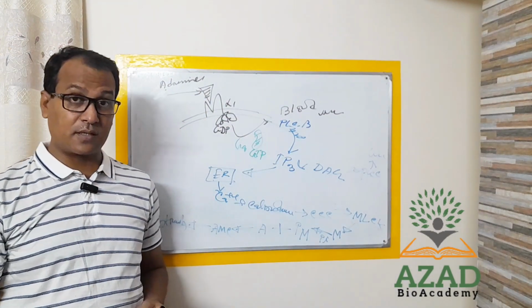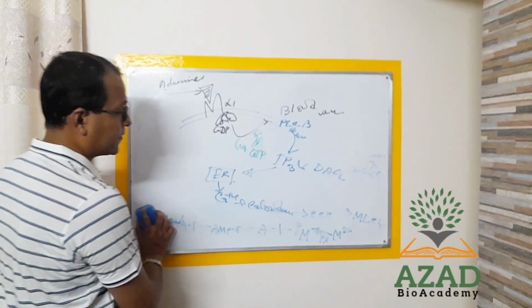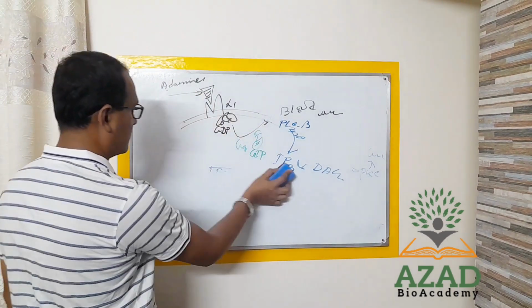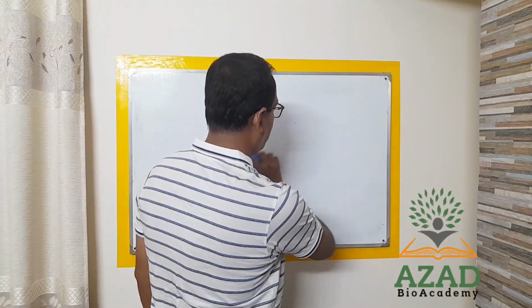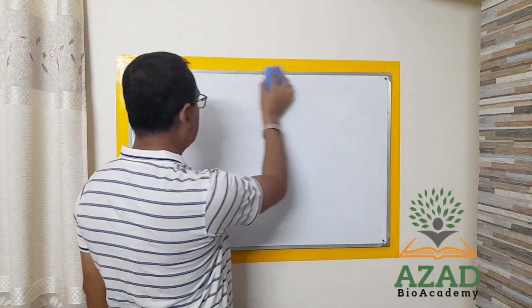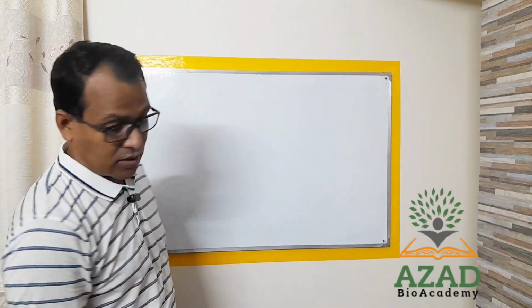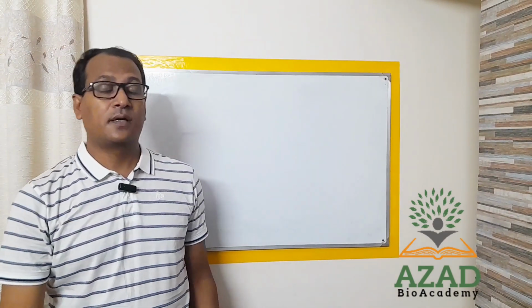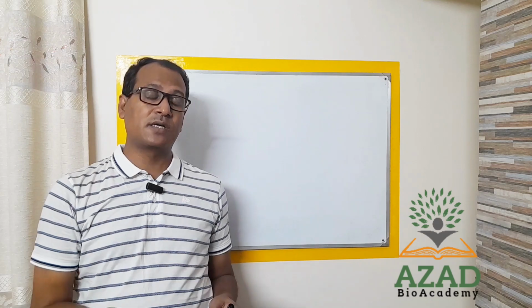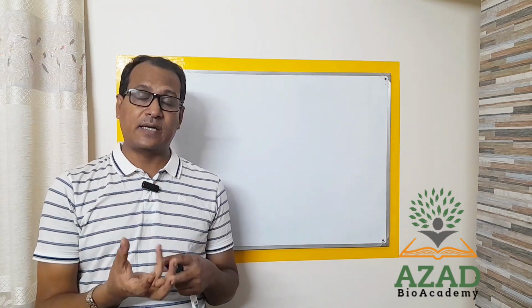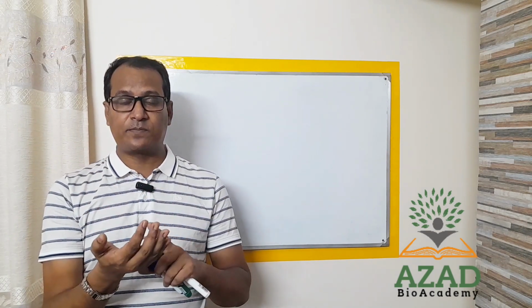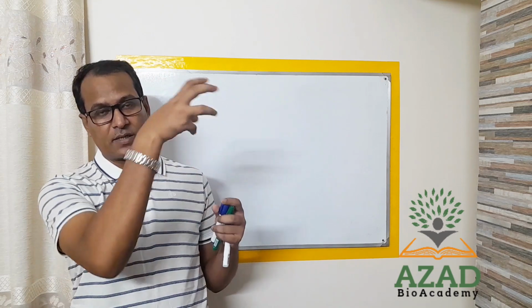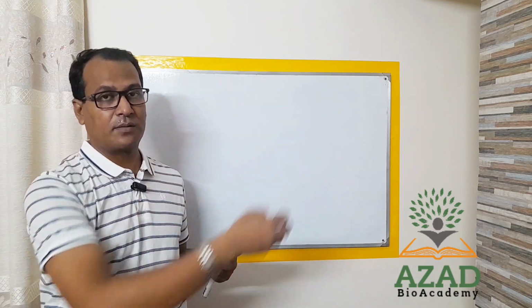I will very quickly try to sum up. G protein means one type of switch protein inside the cell. It is a heterotrimer protein with alpha, beta, gamma subunits, and initially it is inactive because GDP is attached with it, and it is attached with a particular receptor, that is the G protein coupled receptor.